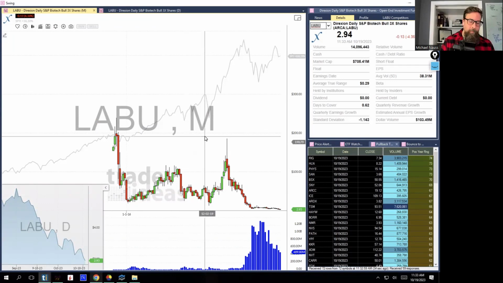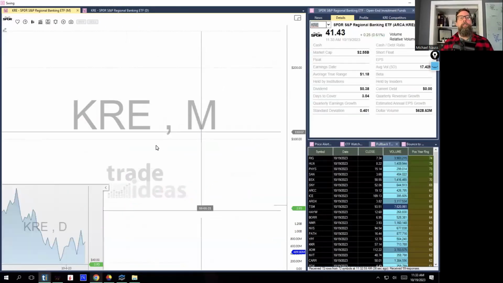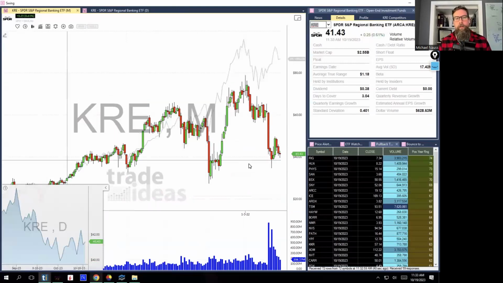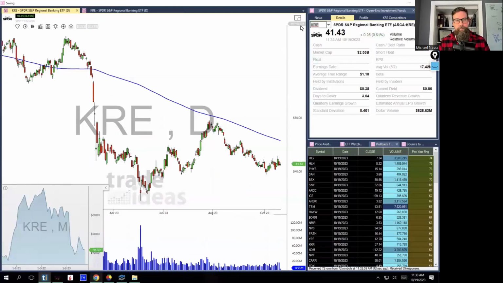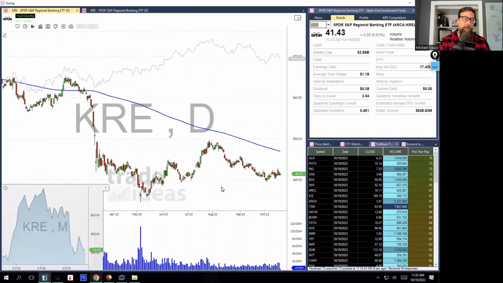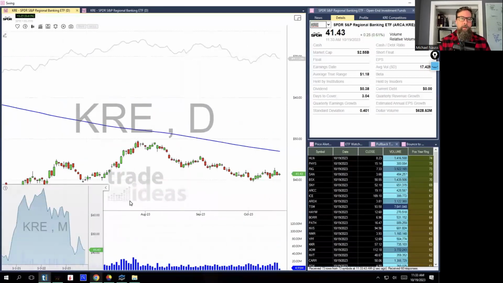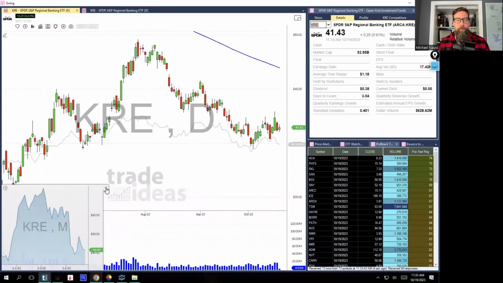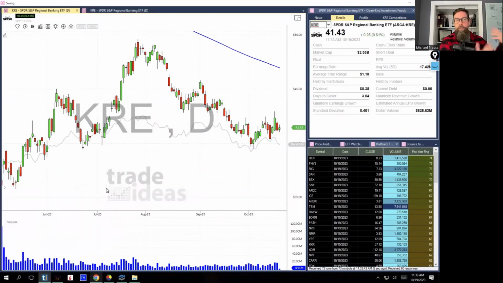So that's why I'm going to look at KRE, because DPST is a 3 times index of KRE. So it always makes sense that you do your analysis on the real security, and then if you want to buy it, if you think KRE is going to go up, then DPST is going to go up 3 times more. I hope that makes sense.